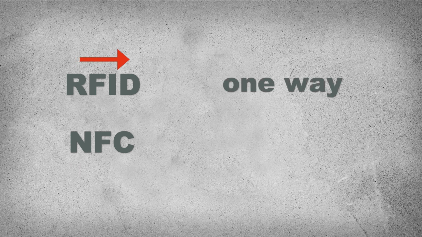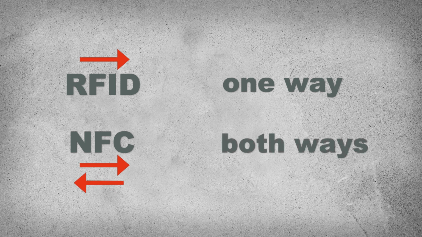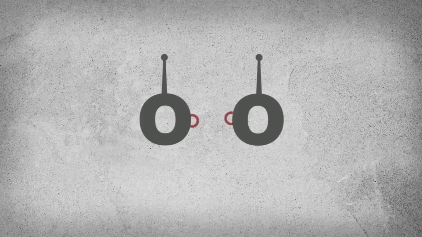The biggest difference between RFID and NFC is that RFID is only one-way communication, but NFC enables communication in both ways. Although NFC is a touch-free technology, it requires devices to be close to each other, and the distance between them is usually less than 4 centimeters.